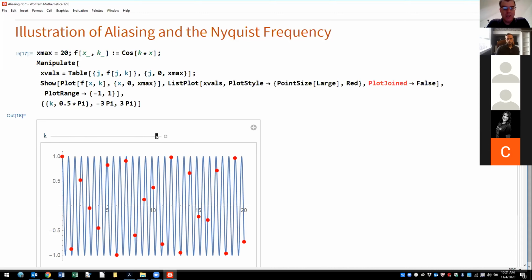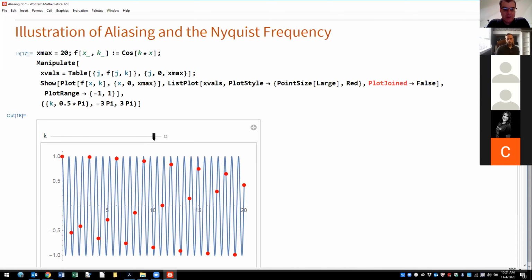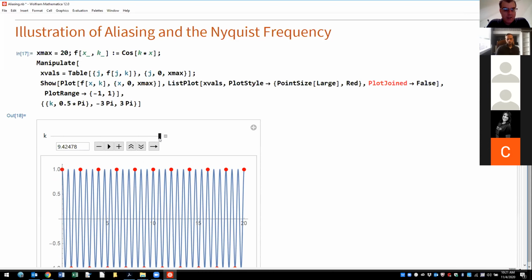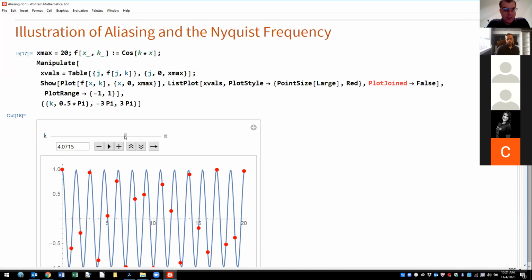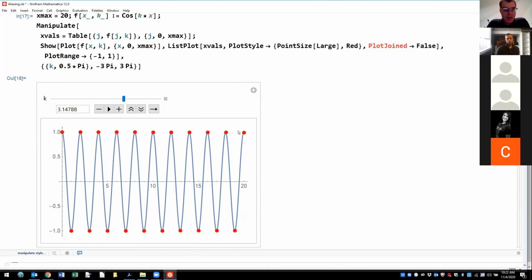This is clearly a different pattern of red dots than this, even though they're both at really high frequencies. But this pattern of red dots, up, down, up, down, when I'm at a frequency of 3 pi, is exactly the same as I would get at a frequency of pi, up, down, up, down.